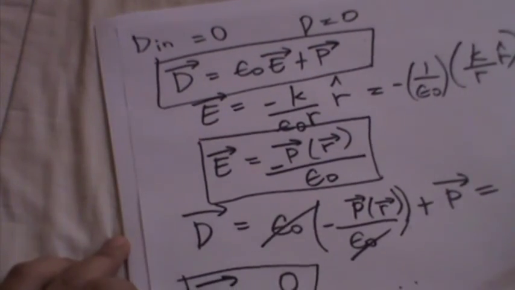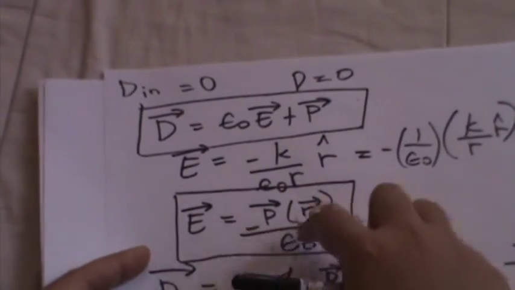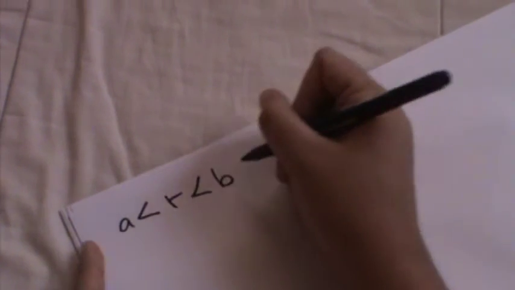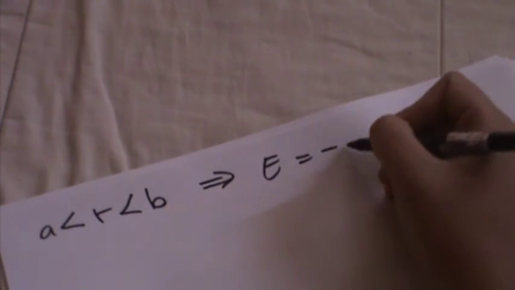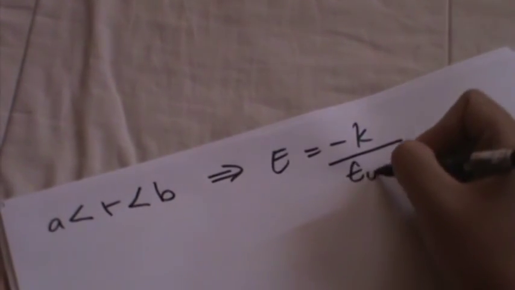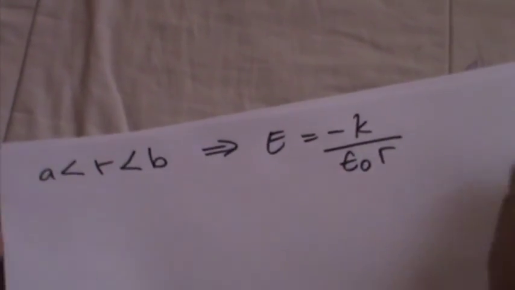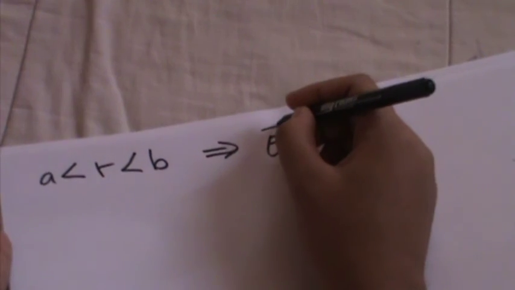So if we try to summarize everything that we get, since we adopt this electric field, for R greater than A and less than B, the electric field is equal to negative K over epsilon naught R. If we want this to become a vector, we'll just put an arrowhead, a unit vector r hat.